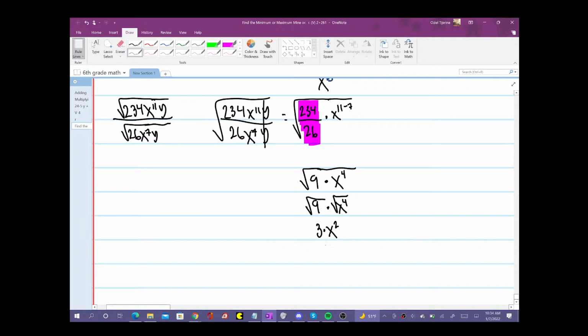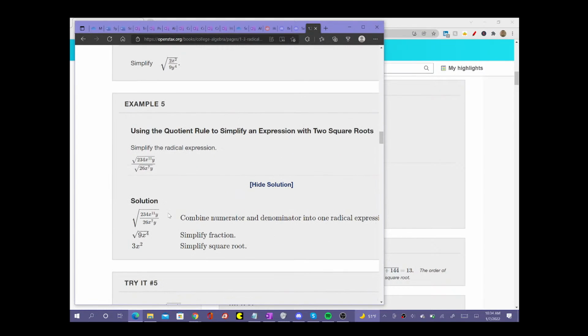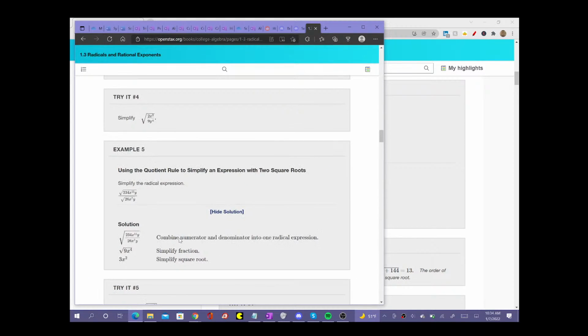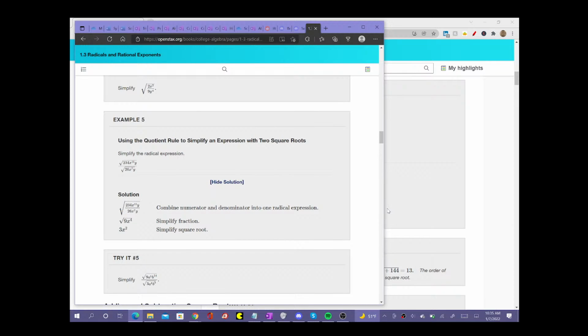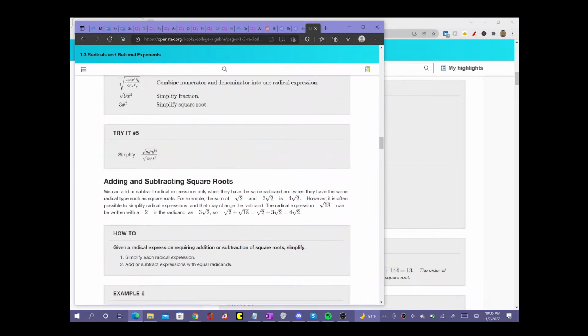So this becomes 3x squared. If we show the solution, it simplifies to 9x to the 4th because 234 over 26 is 9, x to the 11th over x to the 7th is x to the 4th, and y cancels out, so this becomes 3x squared. I did it in more detail.